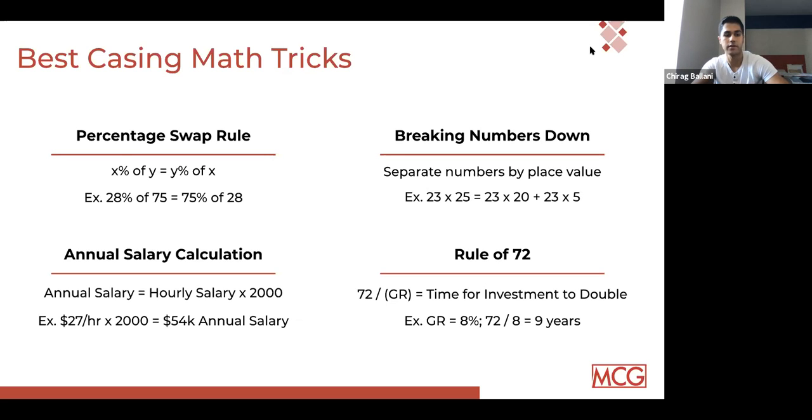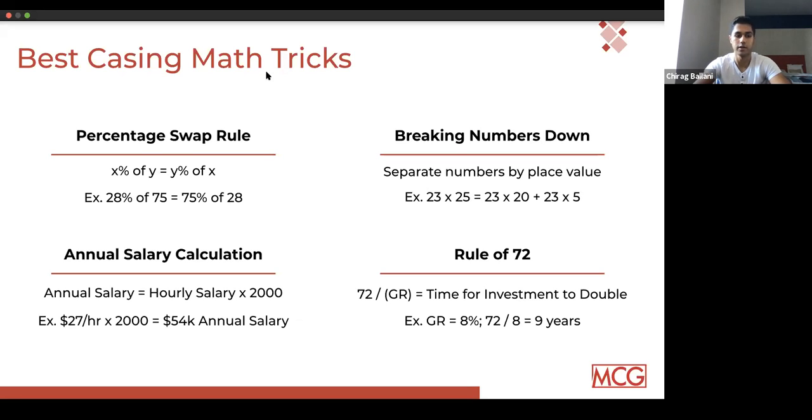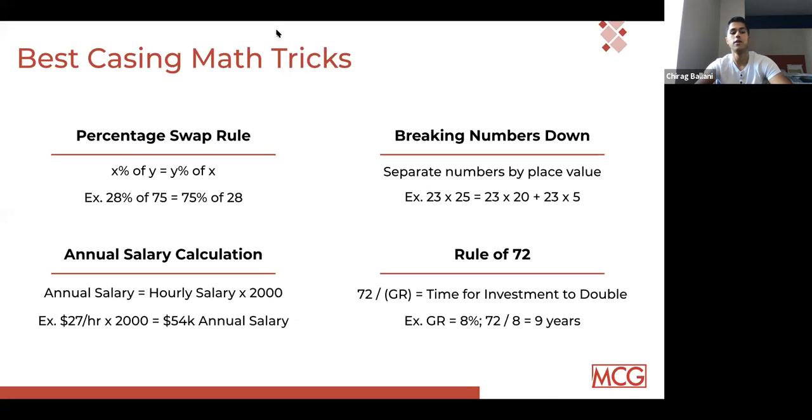So you could skip all those steps in the middle, just multiply your hourly salary by 2,000, and that will give you your annual salary. For example, if someone is working for $27 an hour, in a year they'll make approximately $54,000 using that approximation.